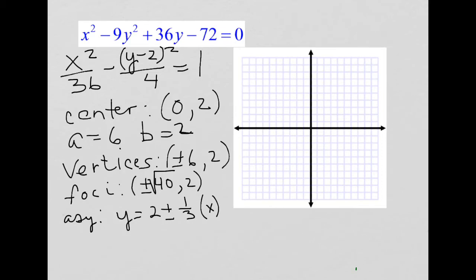We're going to start by graphing all the points we know. We know the center is at 0, 2. We know that the vertices are at plus or minus 6, 1, 2, 3, 4, 5, 6, 2, and negative 6, 2.